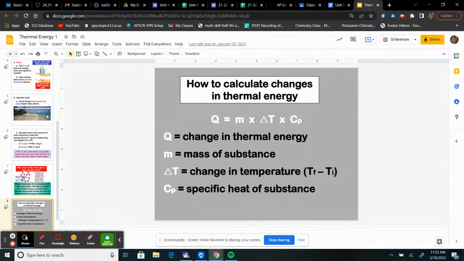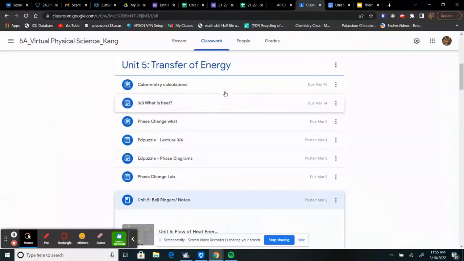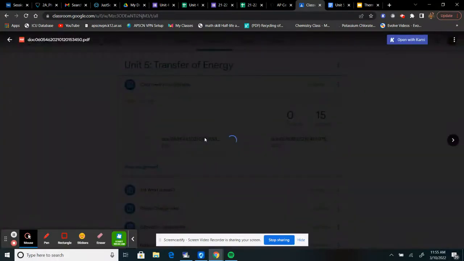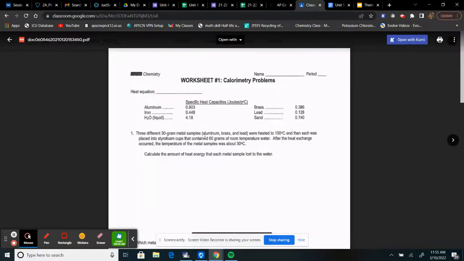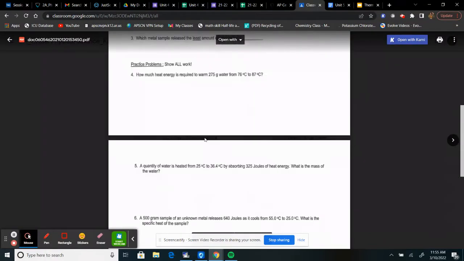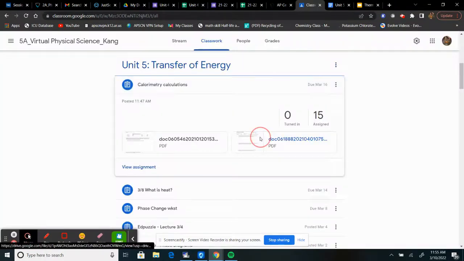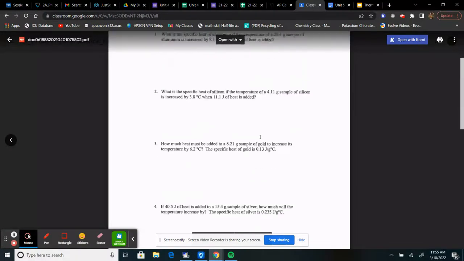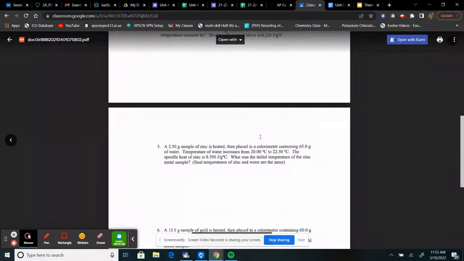So we're going to go ahead and pull up the document camera so we can work out this first worksheet. This right here is the worksheet that we will be going over together as a review. So the majority of these questions we will work out. This particular worksheet is for some extra practice.